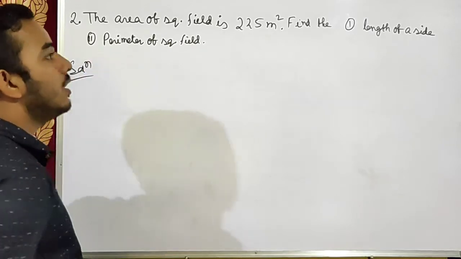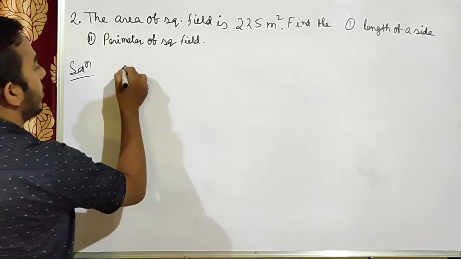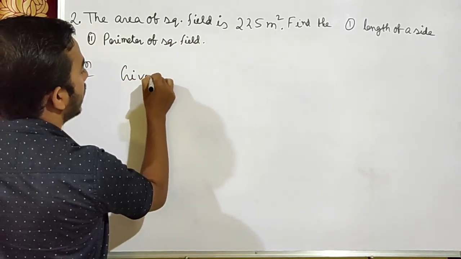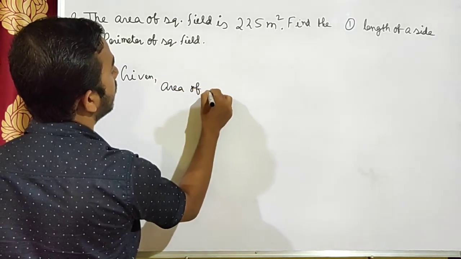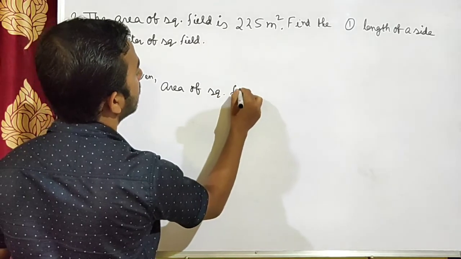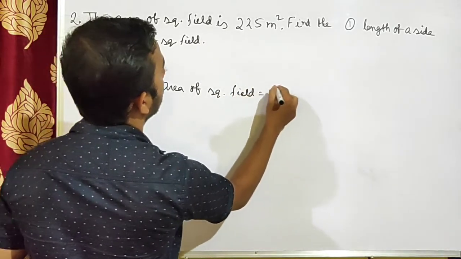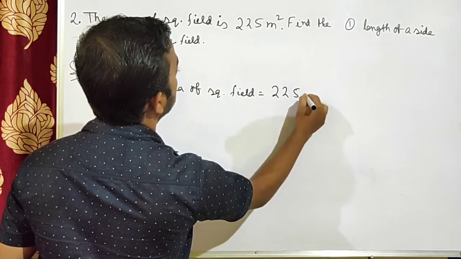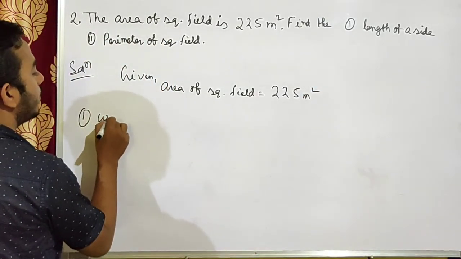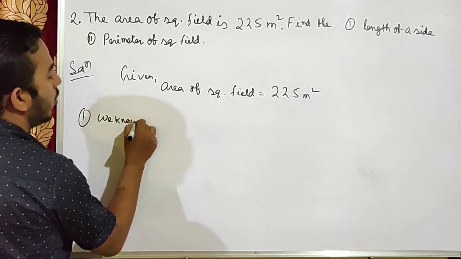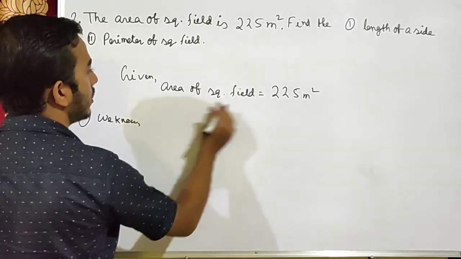Look, first thing, the information given in the question. So we will write given: area of square field equals 225 meters square. Clear? Now number 1, we know area of square field is how much?